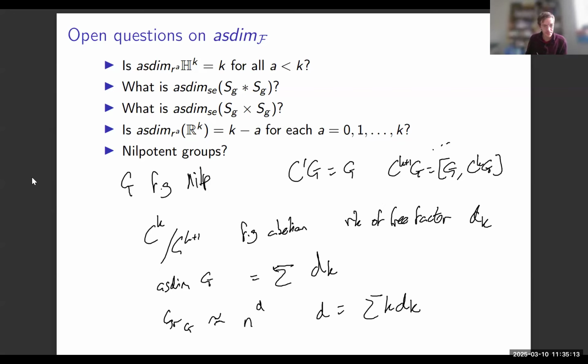So if we look at asymptotic dimension with growth r to the k of G, this is going to be, well, the sum of the d_k.